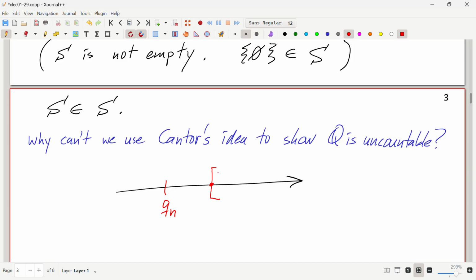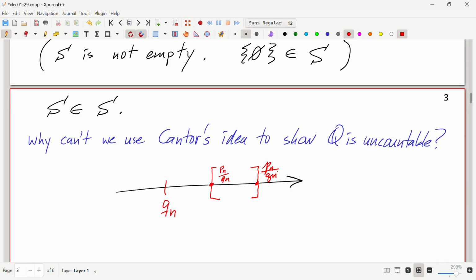This could be Pn over Qn and curly Pn over curly Qn. A closed interval that doesn't contain Qn with rational endpoints. And then I could do the closed nested interval theorem and get something that's in there.